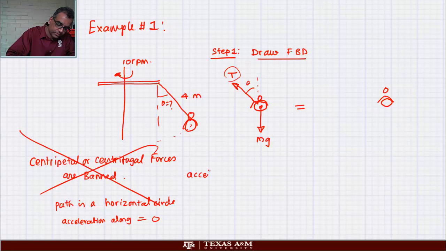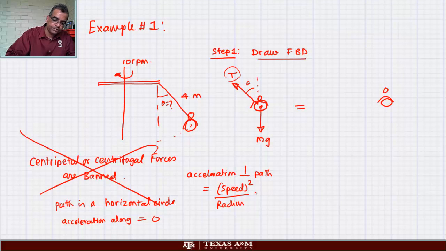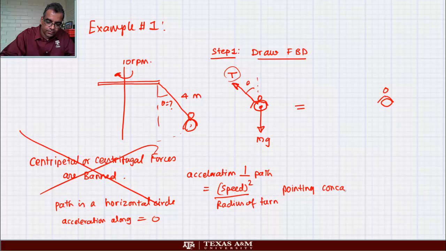Acceleration perpendicular to path equals speed squared divided by radius of turn, right, pointing concave side.